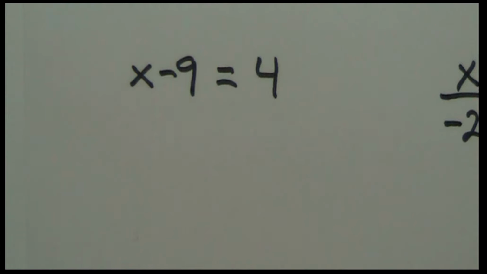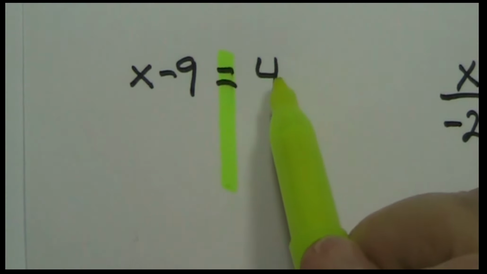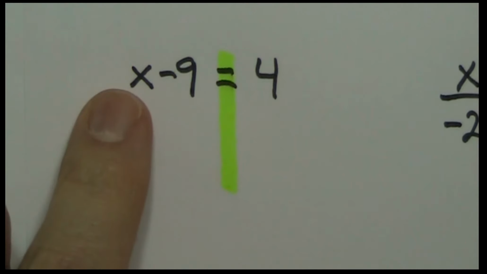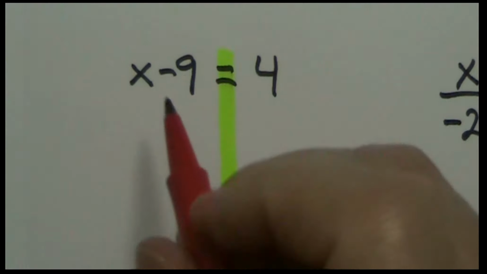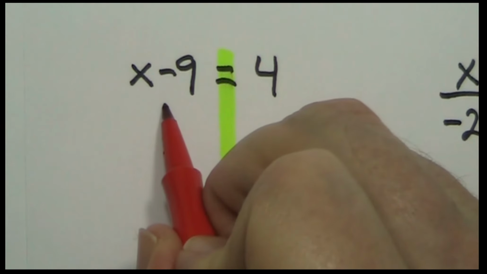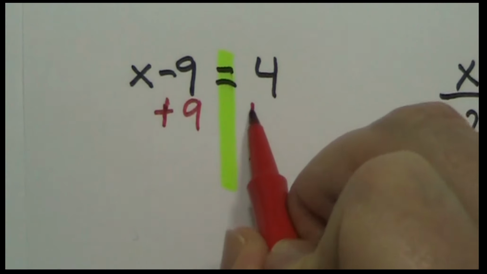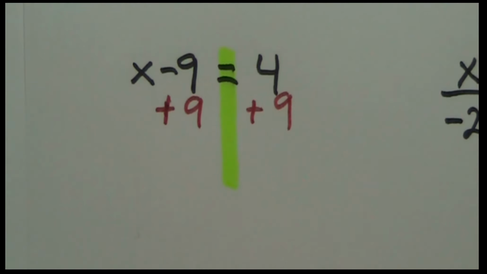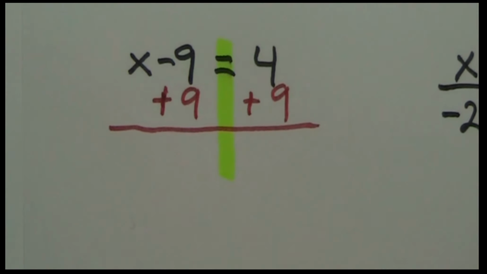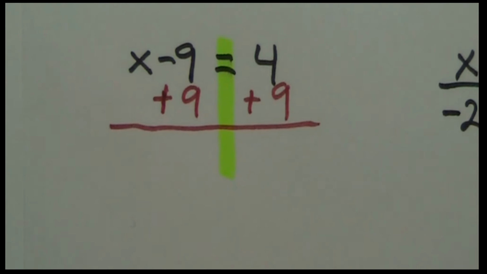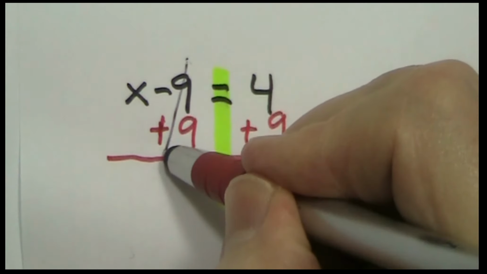All right, so we have a left and right side. This is your left, this is your right. You want to get the x by itself, opposite operation. So this is minus, so I'm going to add the same number. But I need to do it on both sides. So on this, -9 to 9 is 0.